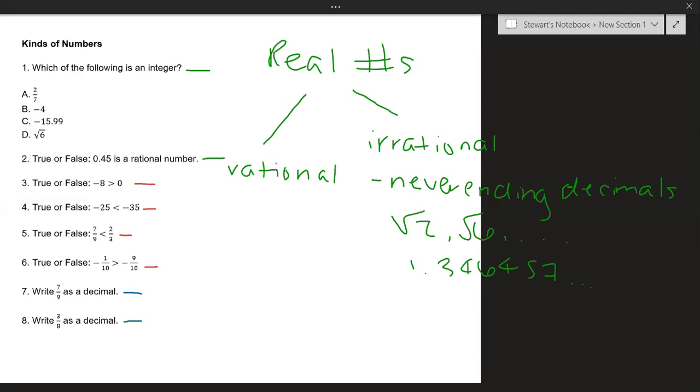They're important, but they're the ones that don't have any kind of pattern, they just go on forever. Rational numbers, on the other hand, do have a pattern. We'll separate these two because we don't need them to get in each other's way.